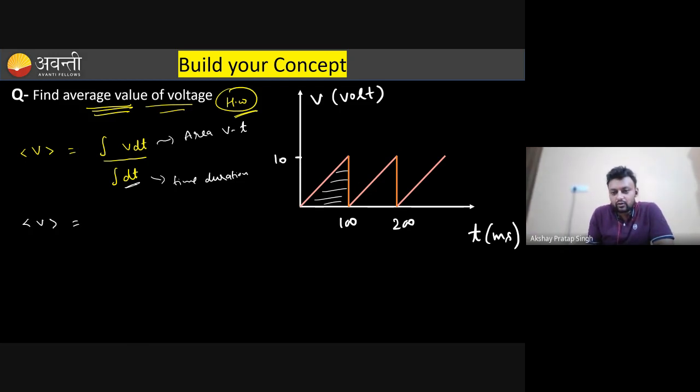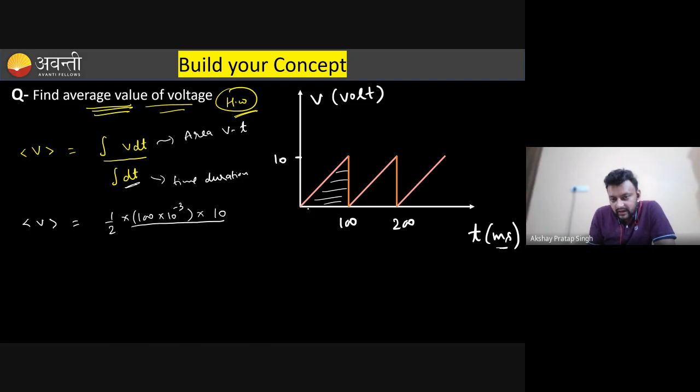Area is half into base into height. Base is 100, but it is in millisecond, so you can write it as 100 into 10 raised to the power minus 3. Height is 10 volt. This is the area, divided by time duration.